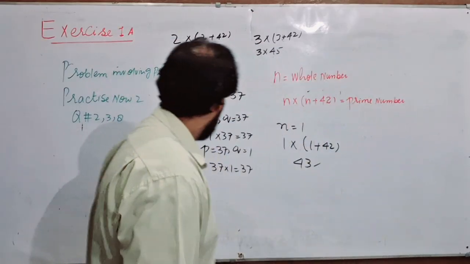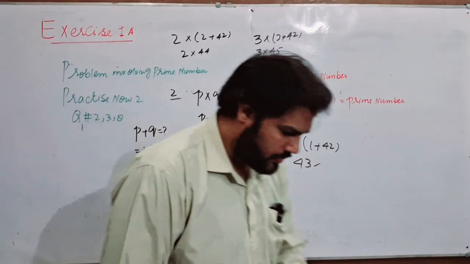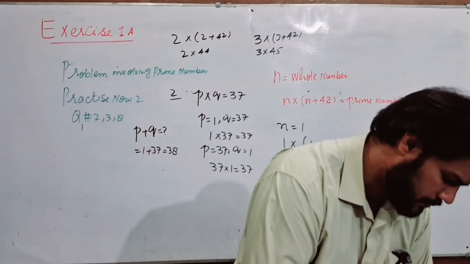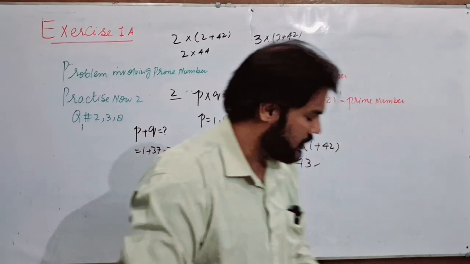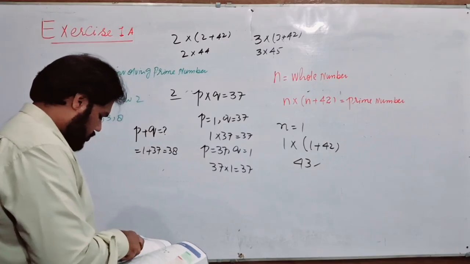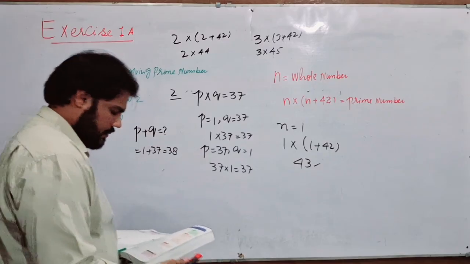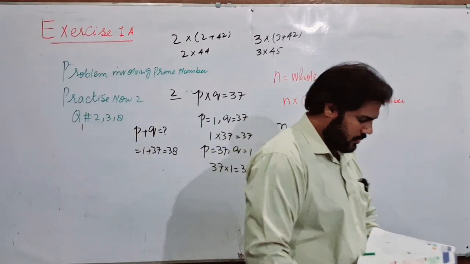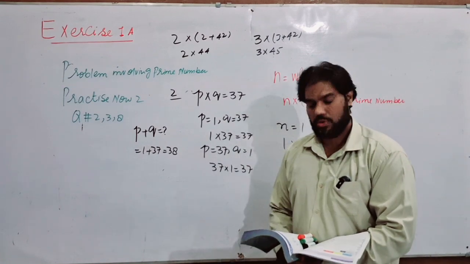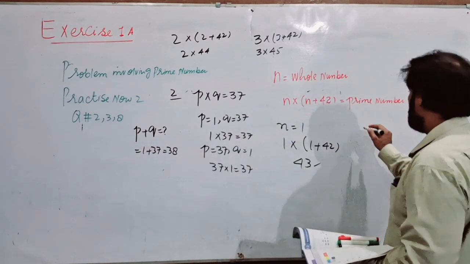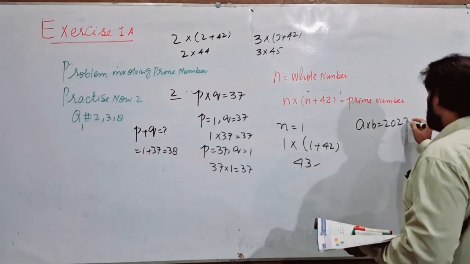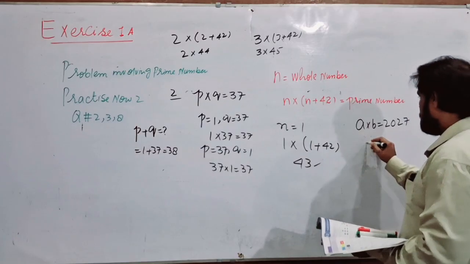Next one is question number 8. Question number 8 is very simple, and this question is similar to question number 2 here. In question number 8, if a and b are whole numbers such that a cross b is 2027, you have to find the value of a plus b.